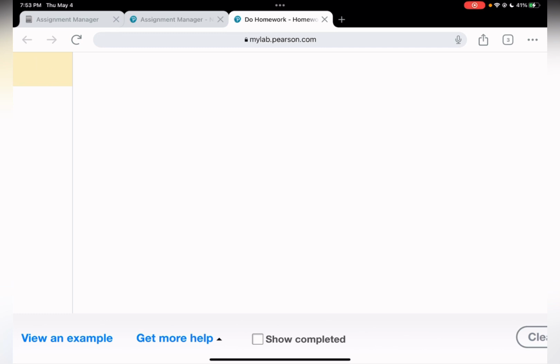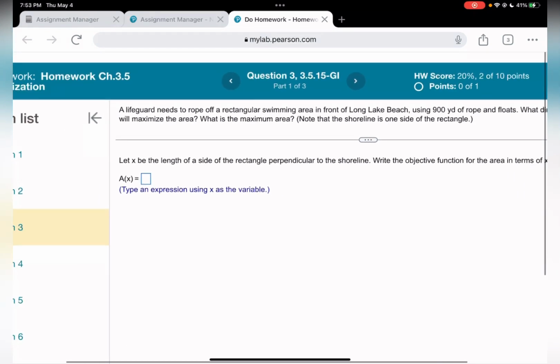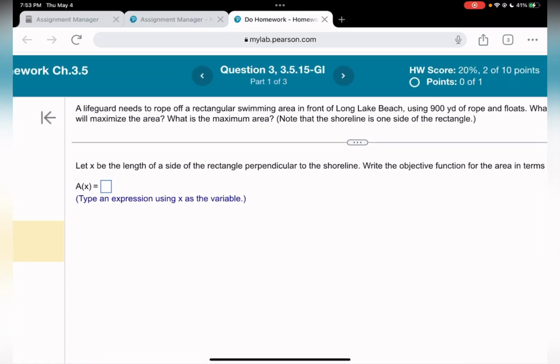Moving to question number 3. So this chapter is all about optimization, how to optimize whatever is given.